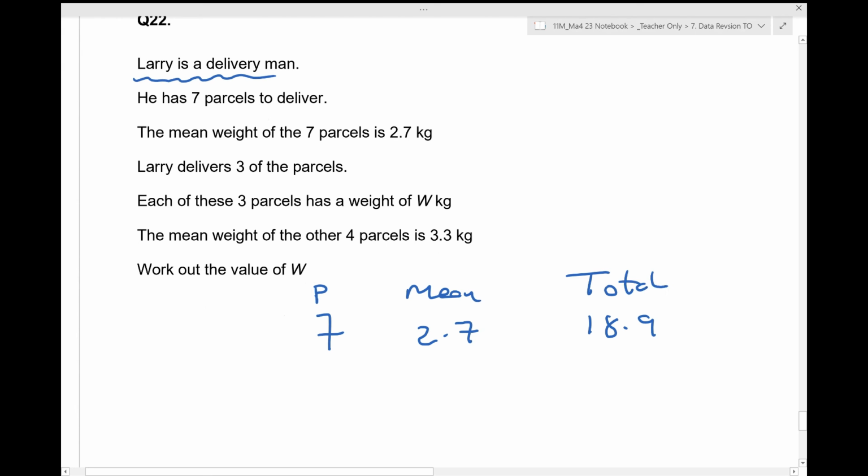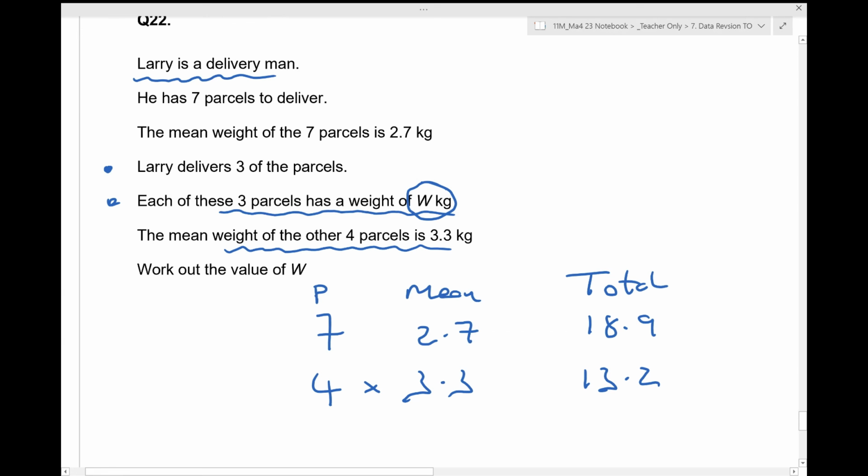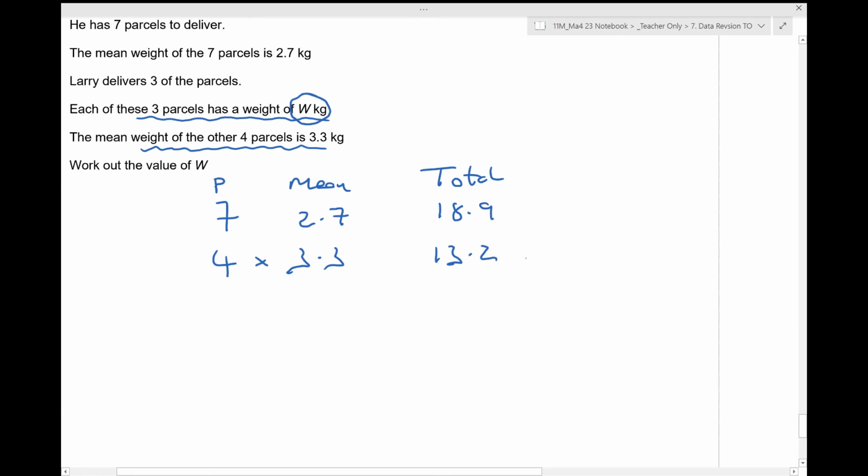Larry delivers 3 of the parcels. Each of these parcels has a weight of W kilograms. So each of the parcels weighs the same. The mean weight of the other 4 parcels, the 4 remaining parcels, is 3.3. Well, that means the 4 remaining parcels must have a total of 13.2, 4 times 3.3, which means that the 3 parcels he's already delivered, their weight must be the difference between 18.9 and 13.2. So the weight of those 3 parcels is 5.7.